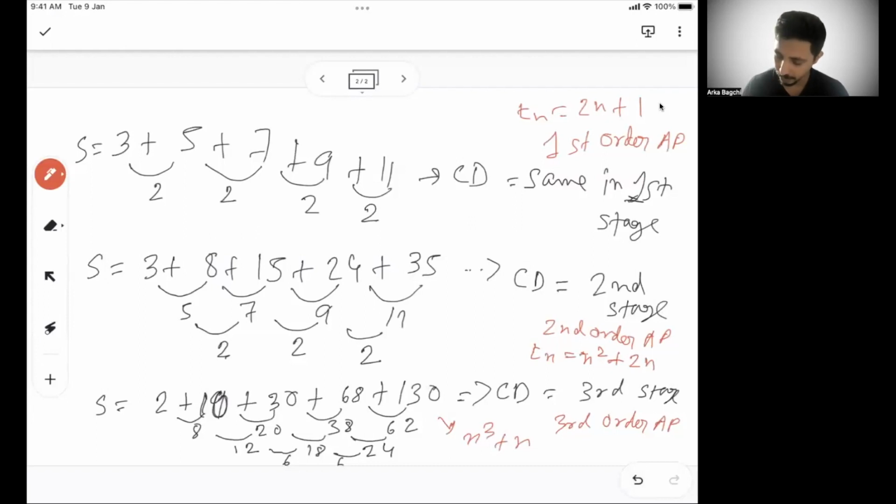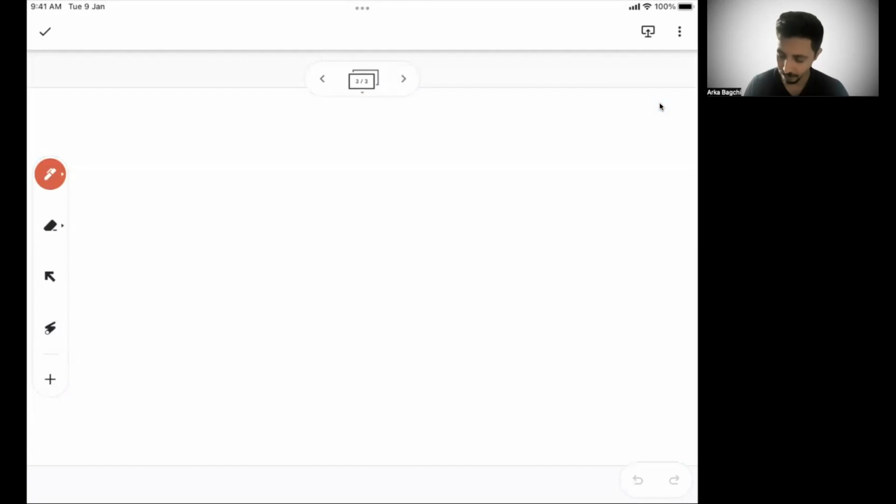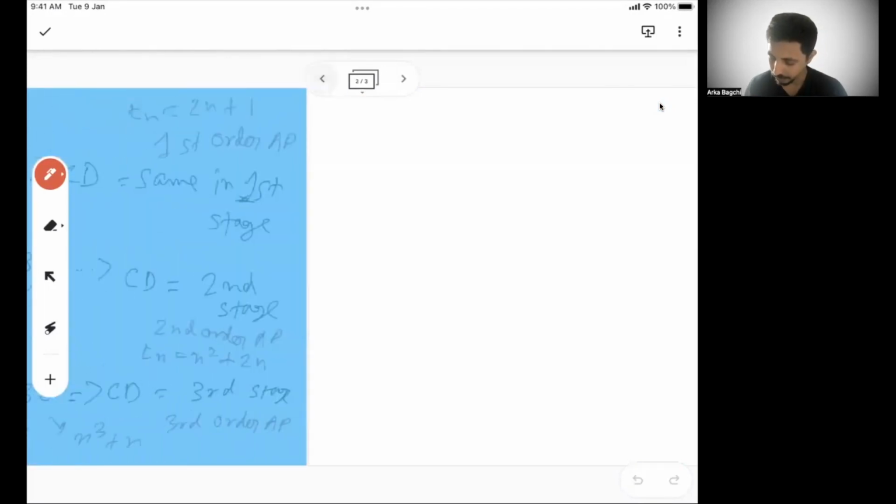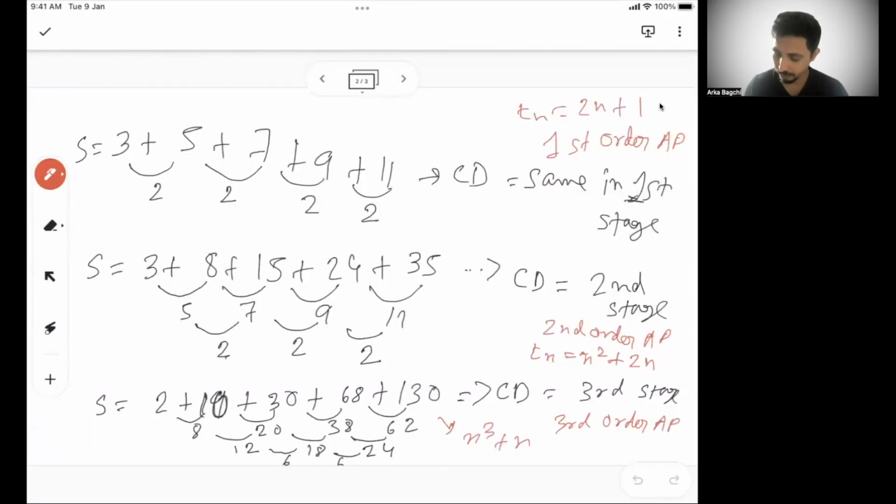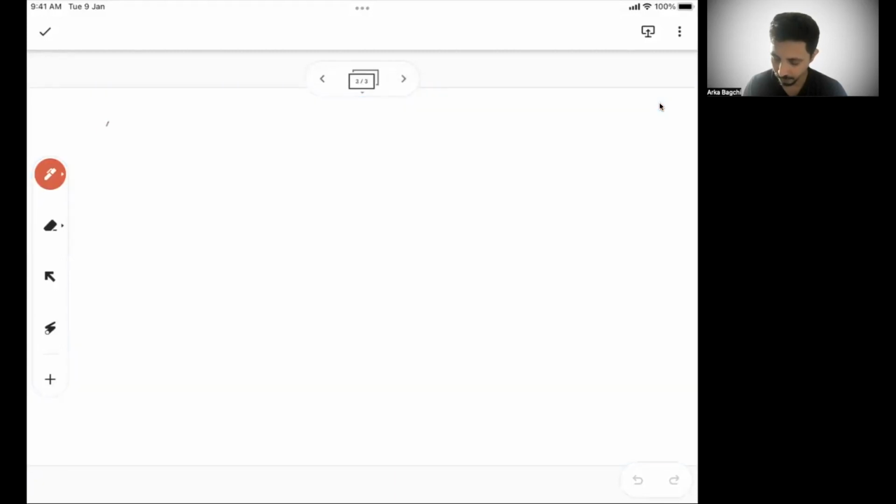Now, let's take the second example. What was the second example? 3, 8, 15, 24, 35. Now, Sn is 3 plus 8 plus 15 plus 24 plus 35, until the nth term.